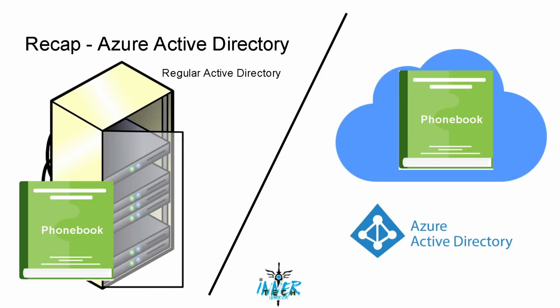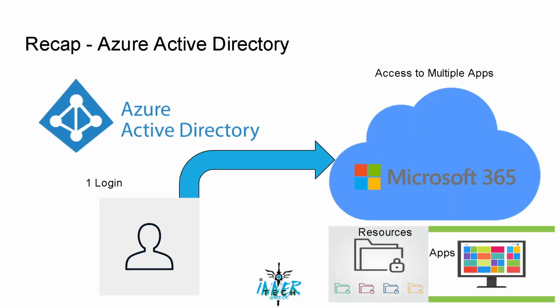Finally, we learned about Azure Active Directory and how it provides similar capabilities to on-premises Active Directory, but in the cloud. With Azure AD, administrators can control access to cloud apps and resources, and use features like single sign-on to make it easier for employees to work with different apps and services.